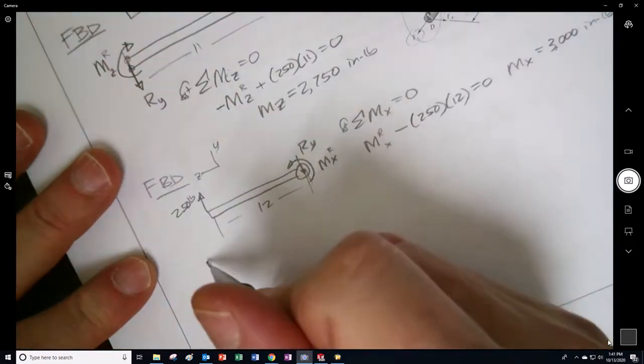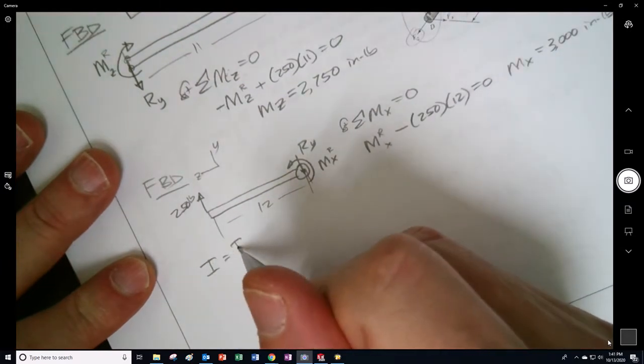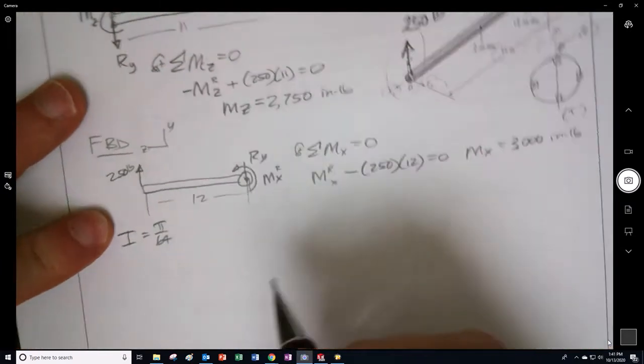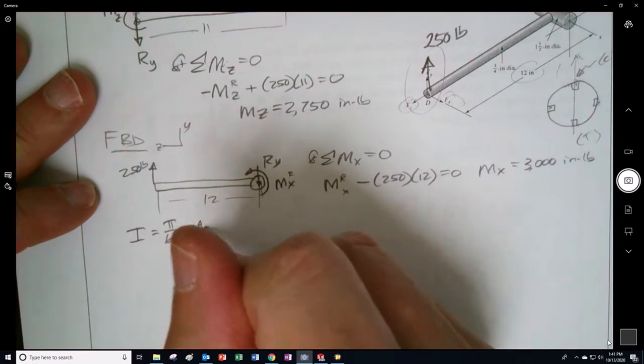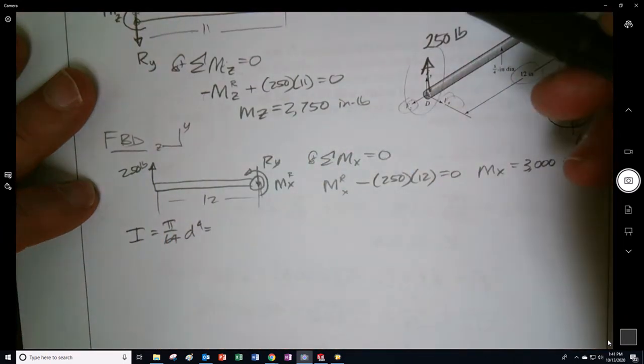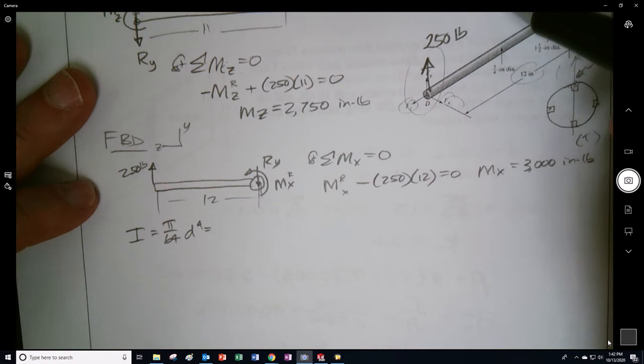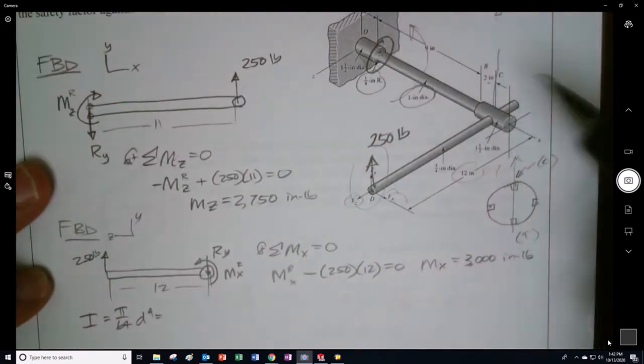So let's figure out what the I is going to be: pi over 64 times d to the fourth. The diameter right here is 1 inch.